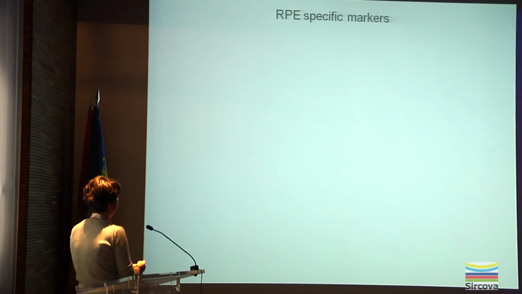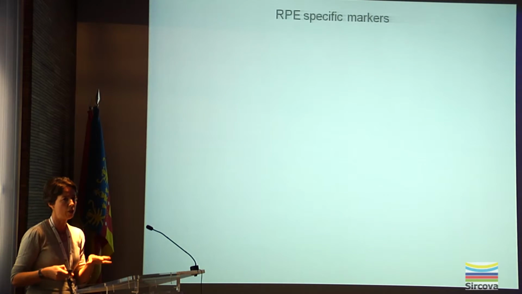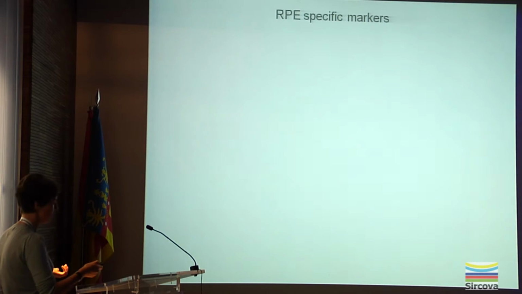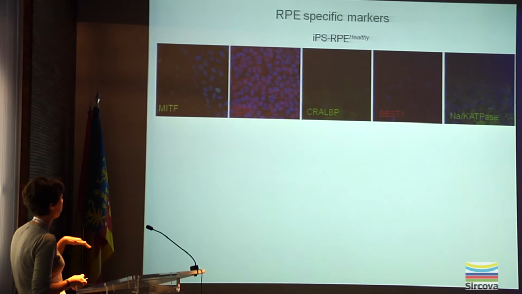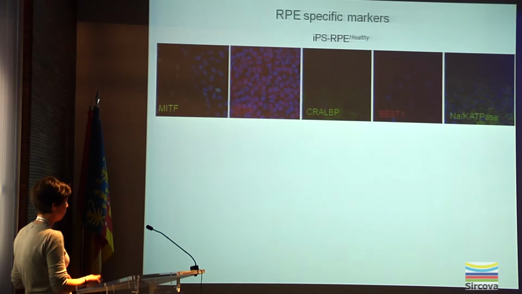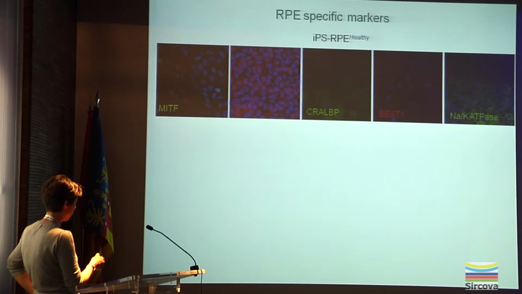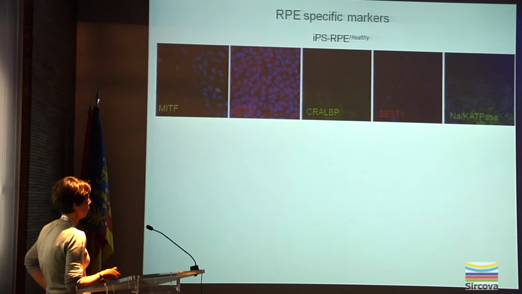We tested the presence of RPE-specific markers. We wanted to be sure whether the RPE cells that we are obtaining in vitro are really mature RPE cells. So we tested, for example, in the healthy individual RPE monolayer, for the presence of characteristic RPE markers, such as MITF, CRALBP, BEST1, and sodium potassium ATPase.